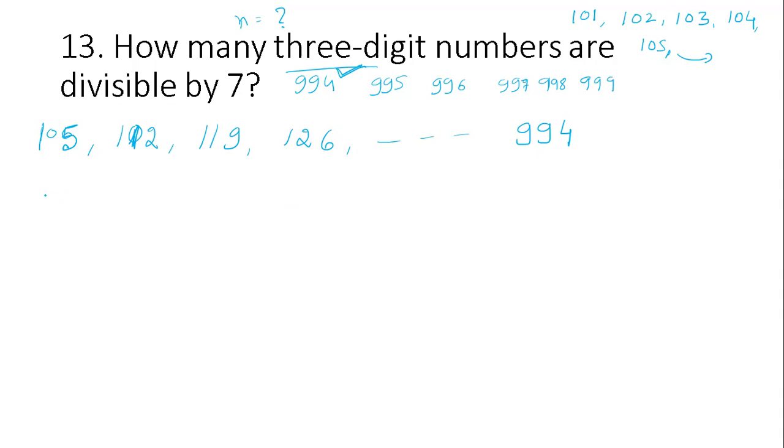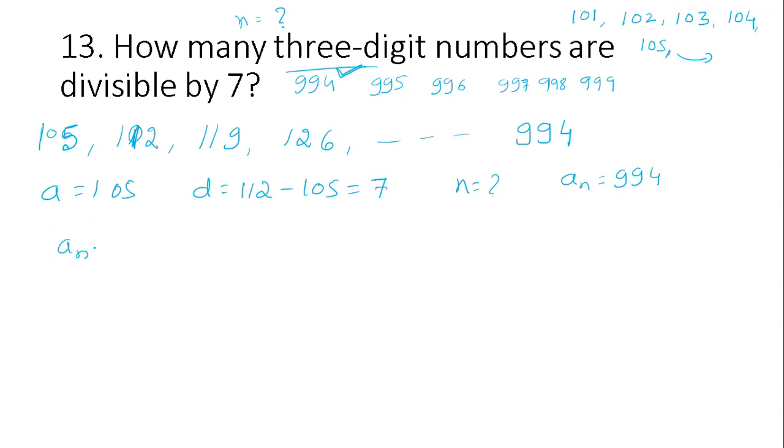We know that A is 105. D is equal to 112 minus 105. This is 7. N we don't know. An is equal to 994.